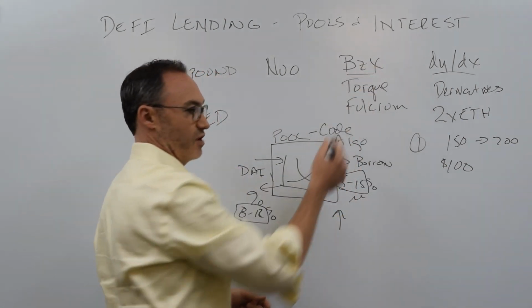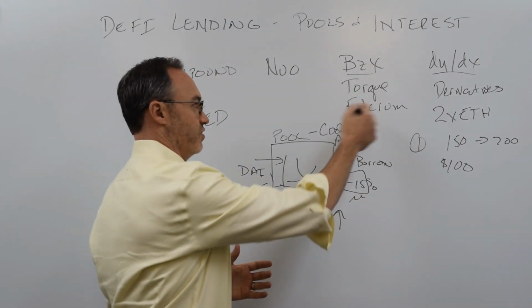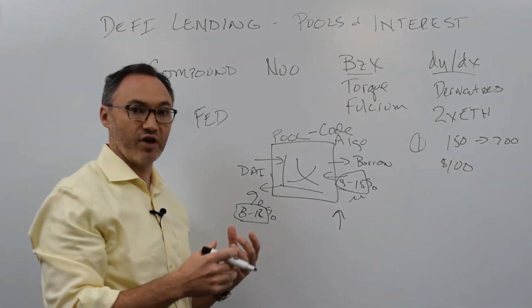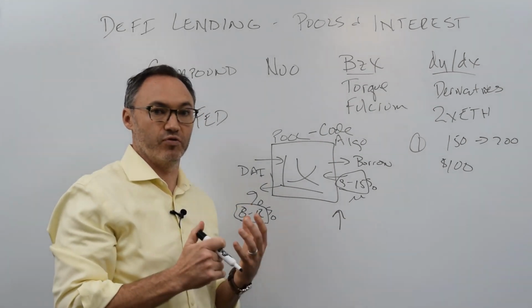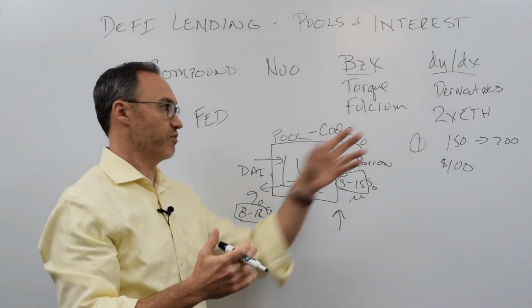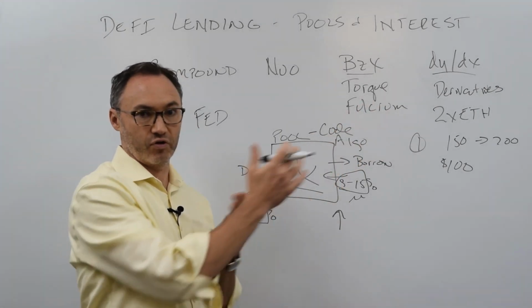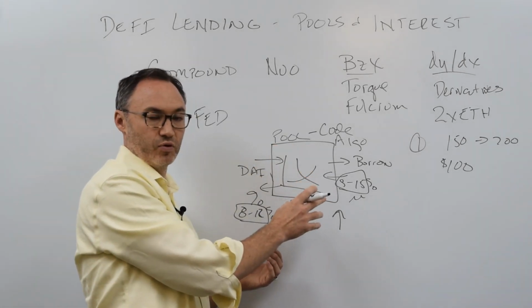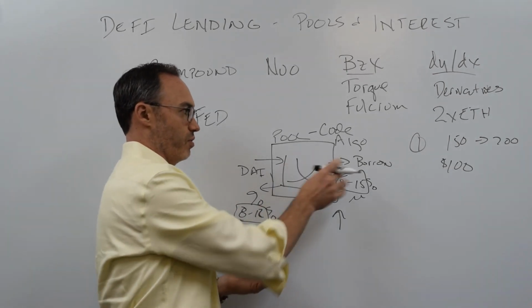This company, B0X, has developed Torque and Fulcrum essentially to add on to a lot of other dApps and have those dApps be able to provide margin lending or be able to provide liquidity. Now, Fulcrum is their own. You can go into Fulcrum and either make a loan, put money into the liquidity pool and earn interest, or borrow from it.